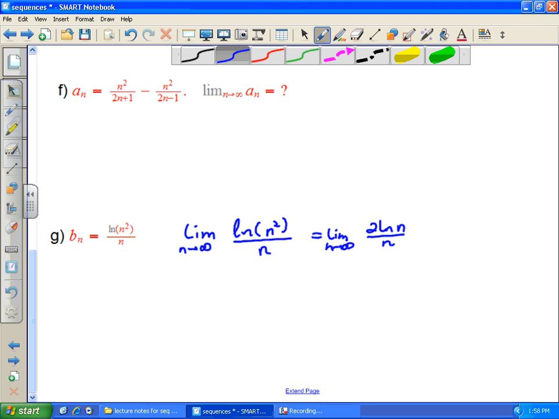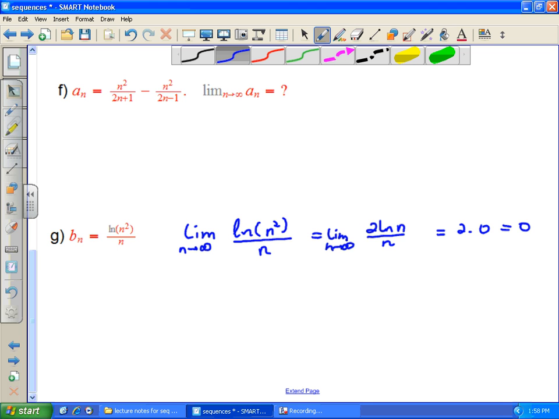Now does this look familiar? Ln n over n, we already know where that goes, right? Where does it go to? That's rule number 1, right? That goes to 0, or apply L'Hopital's. And now you have 2 times 0, so that goes to 0 as well. So once again, the ln function is growing slower than the regular n function.